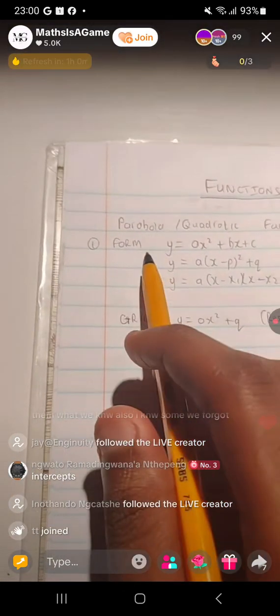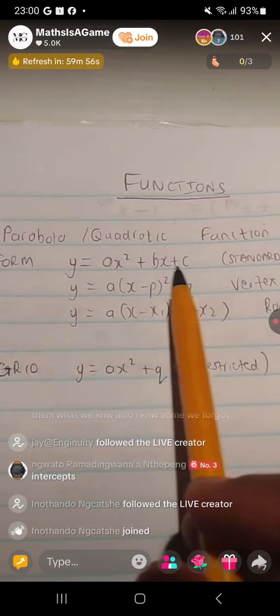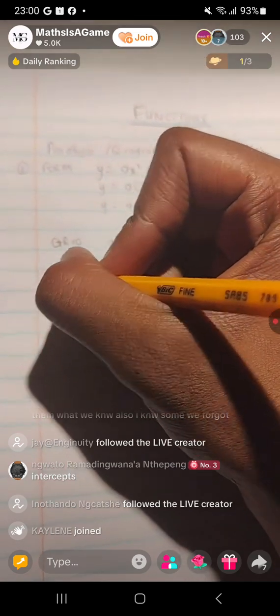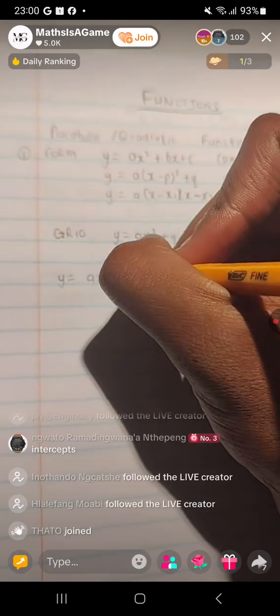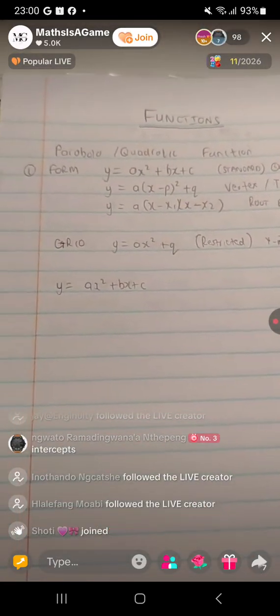So we're going to unpack this a little bit more. Let's come firstly to this form here: y is equal to ax squared plus bx plus c.